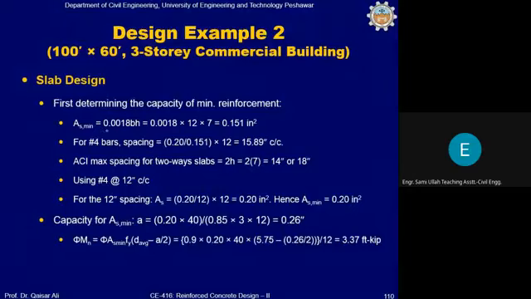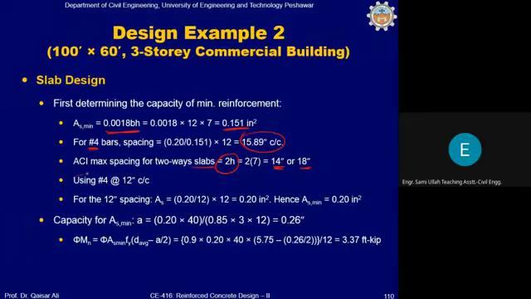First of all, you will calculate the minimum reinforcement. For number 4 bar, the spacing is 15.89. Maximum spacing allowed is 18 inch, because 2h is the maximum spacing requirement for the two-way slab system.